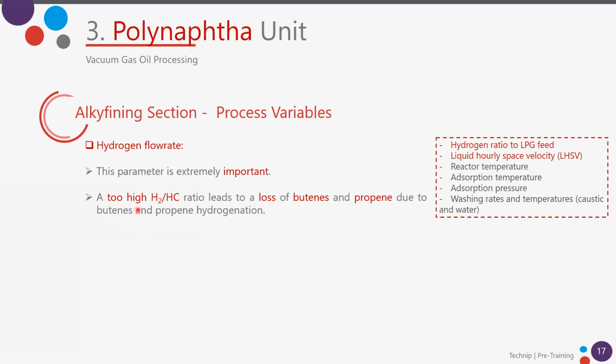We will hydrogenate and get both butane and propane. So we have to have an appropriate hydrogen to hydrocarbon ratio. And of course, if we have too low, we will not have a proper hydrogenation of the butadiene.